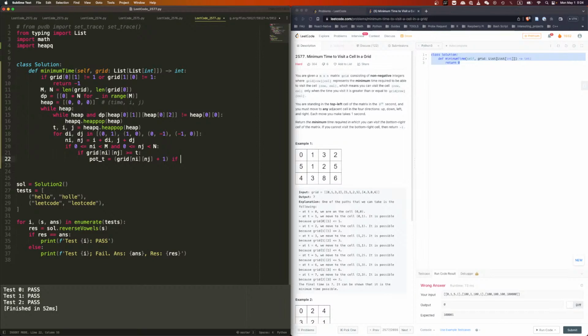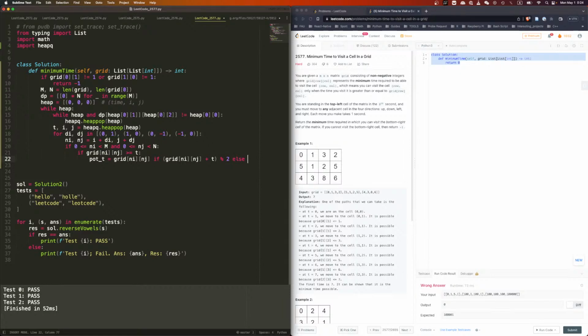So if, let's say, grid ni, nj plus t, well, if it's odd, then we can always just fit that value.